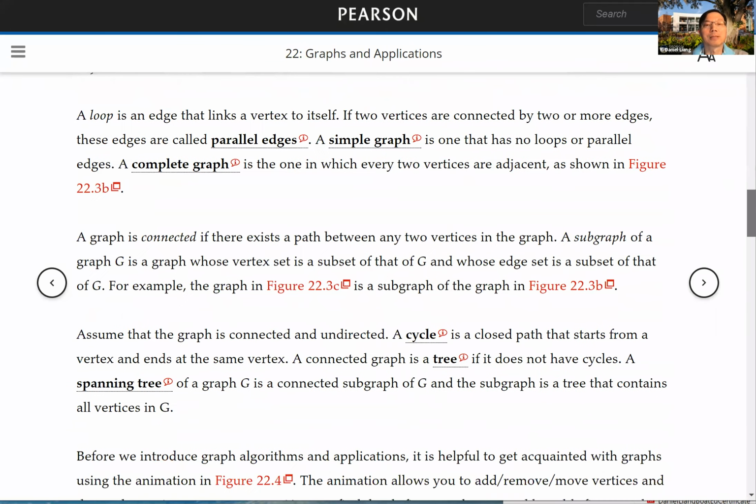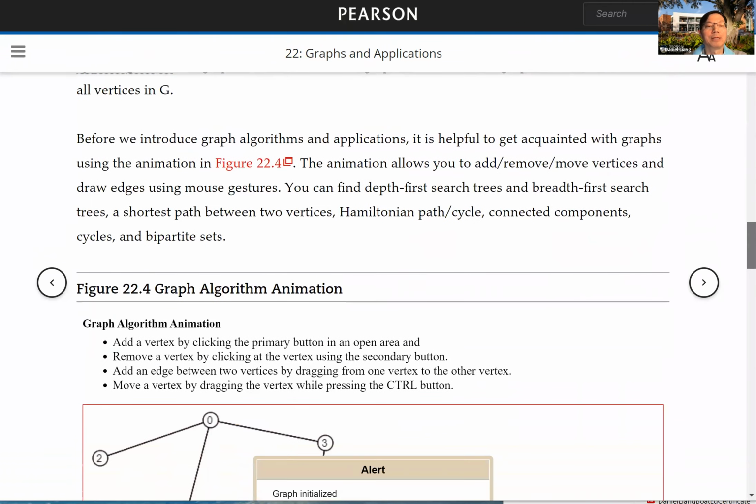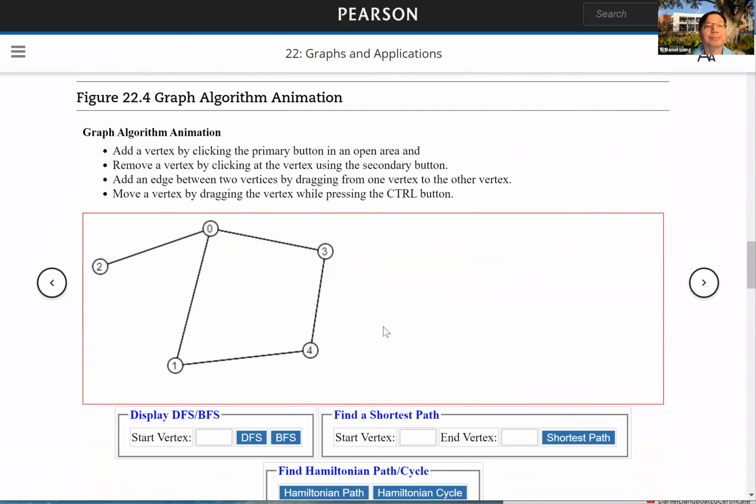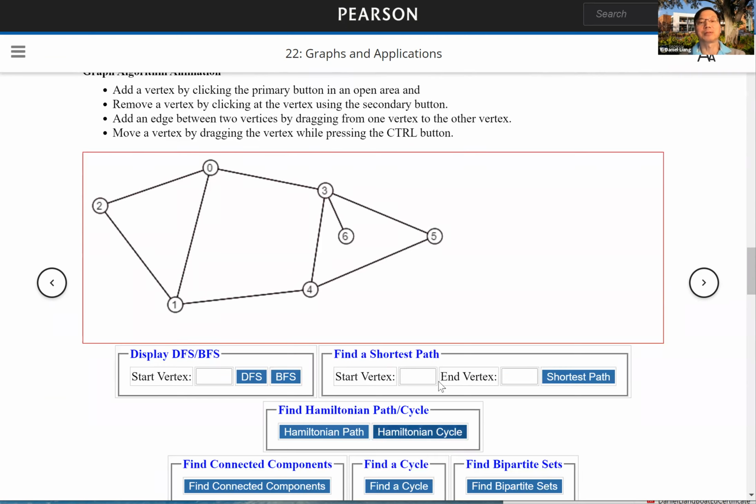Now let's look at this animation here. We can draw more edges and more vertices. So we're going to find the shortest path from 2 to 6, for example.